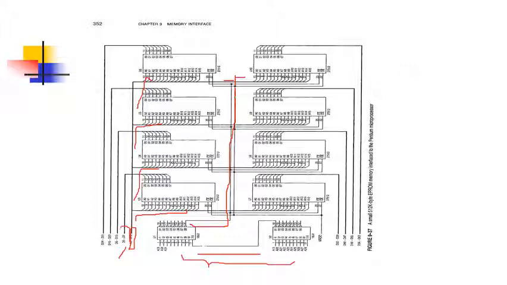D0 to D7 goes to this bank, the first bank or the bank number 0, and D8 to D15 goes to the second bank, third bank, fourth bank, and so on, fifth, sixth, seventh, and eighth bank.